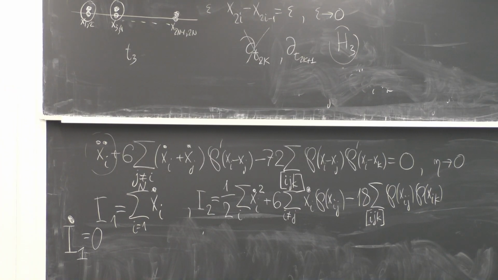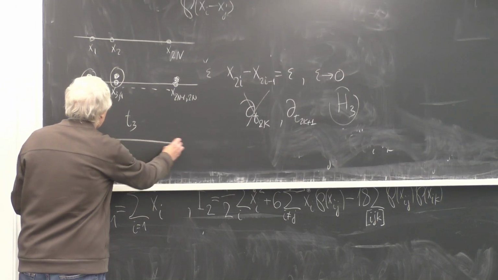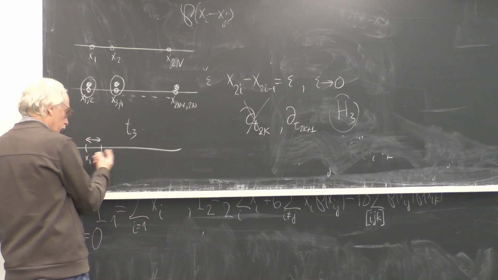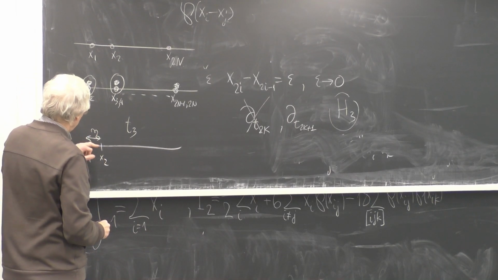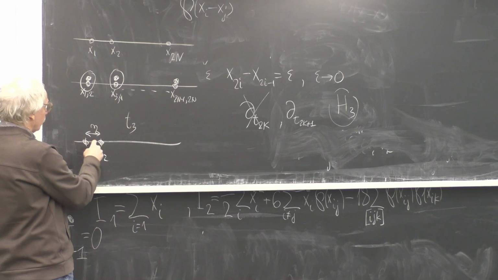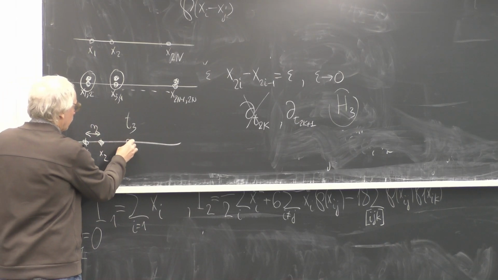Of course, this resembles the result which we discussed for the deformed Ruijsenaars-Schneider system. In that case, there were also pairs, but they were not singular. The distance between them was equal to eta.